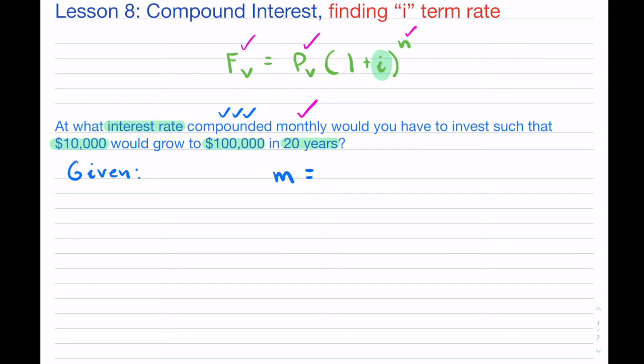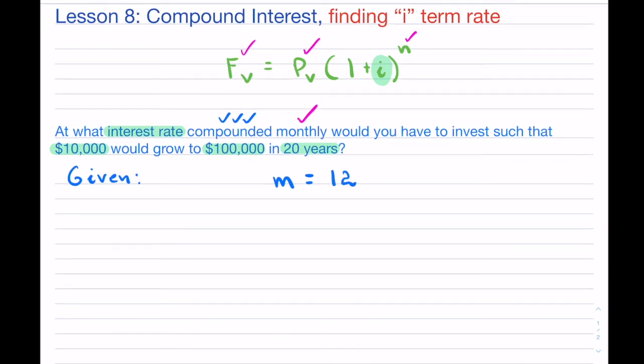This is monthly, so that would be 12 terms in 1 year, of course. So that's my M. My N, in this case, I actually know. Remember, this is the number of years multiplied by M. So we have 20 years multiplied by 12, and that will give us how many terms we would have in total.